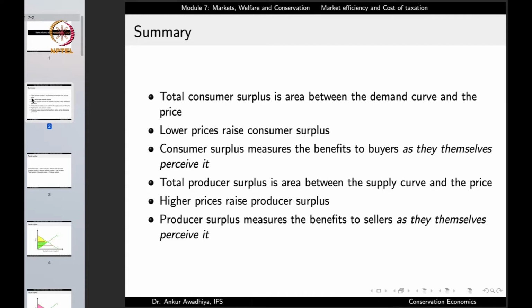Consumer surplus measures the benefits to buyers as they themselves perceive. This is because the consumer surplus is measuring the difference between the value of a good to a buyer and the price that the buyer has to pay to get that good. So if I as a buyer have put a value of 50 rupees to this pen, and if this pen is available to me for 20 rupees, this difference of 50 rupees minus 20 rupees, which is 30 rupees, is my consumer surplus.